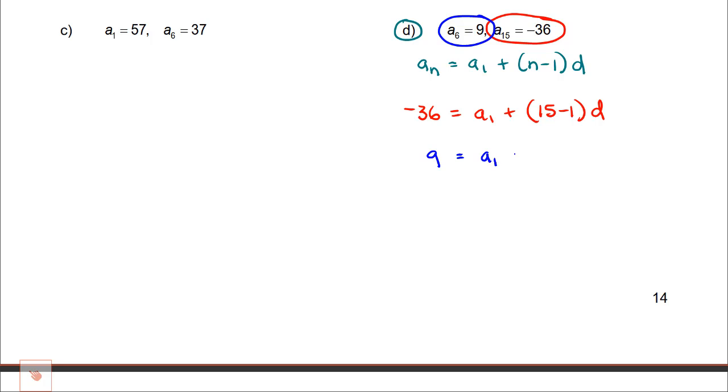I don't know the first term, and I don't know d. So the red equation is negative 36 equals a sub 1 plus 14d. And the blue equation is 9 equals a sub 1 plus 5d.